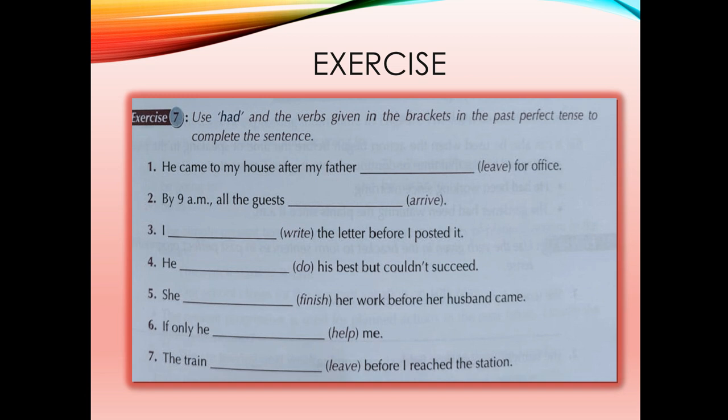He do his best but could not succeed. He had done his best but couldn't succeed. She finished her work before her husband came. She had finished her work before her husband came.